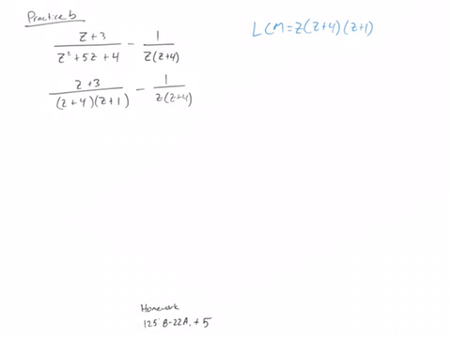So then to get both those denominators to be the same, I need to multiply this left one by simply z over z, right? Because the only thing it's missing is that z right there. I need to multiply this right one by z plus 1 over z plus 1.